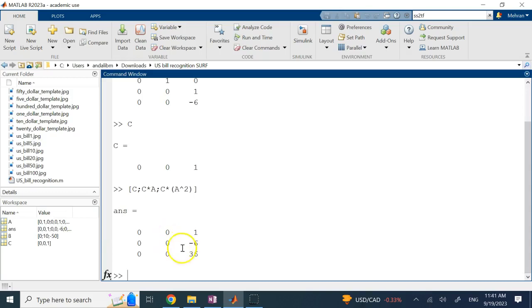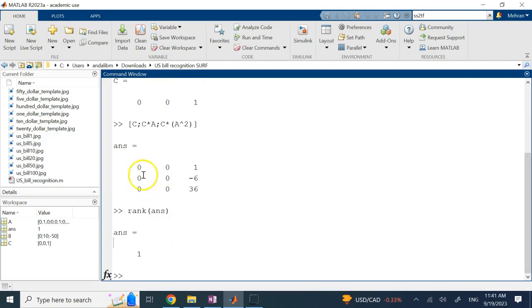This is it, and clearly, if you look at the rank of this, it is what? Yes, you're right. The rank of this is 1. So clearly 2 modes are not observable, not just 1. 2 state variables cannot be observed, not just 1. Because the rank is 1 instead of 3.